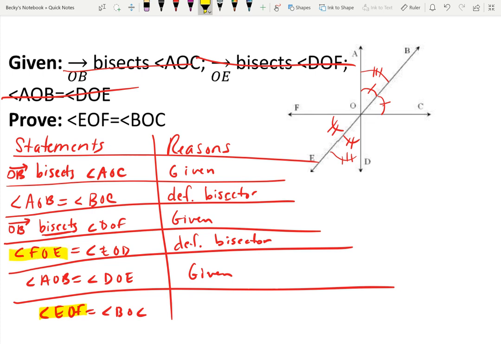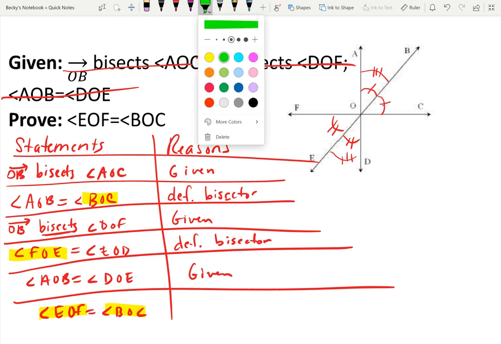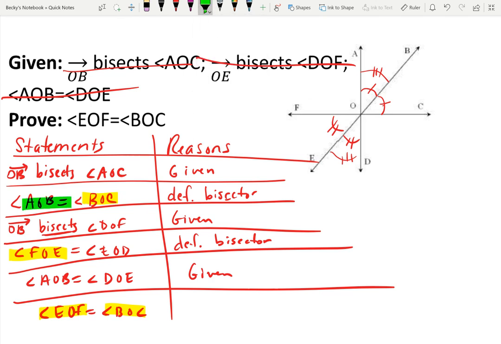So maybe you see this FOE here. Now let's look for BOC, which is up here. Okay, stay with me. Now, these are equal, right? Because, look here. Do I know what AOB is?